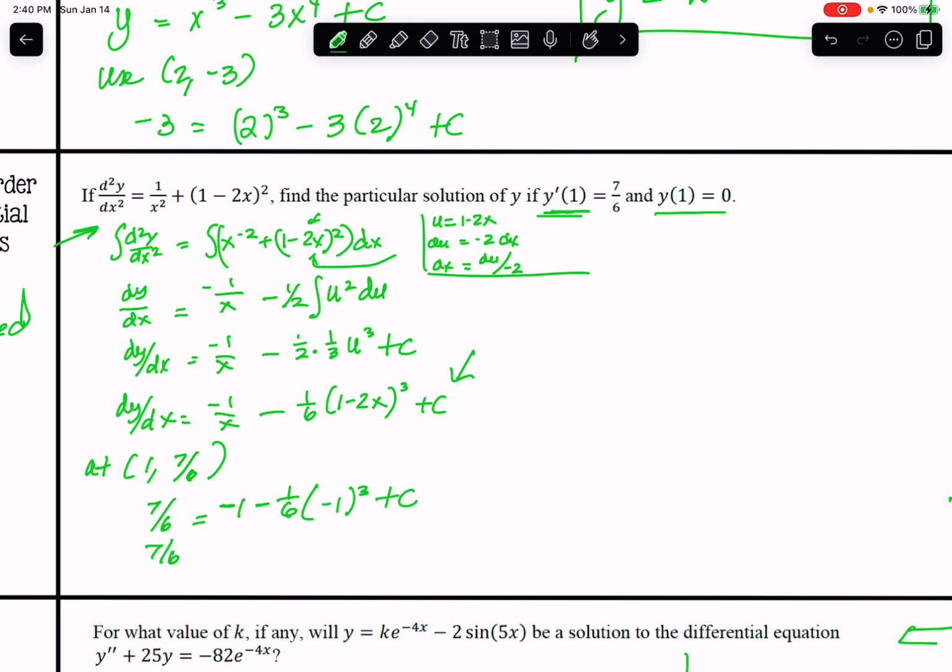So 7/6 is negative 1, that would be minus 1/6 plus c.